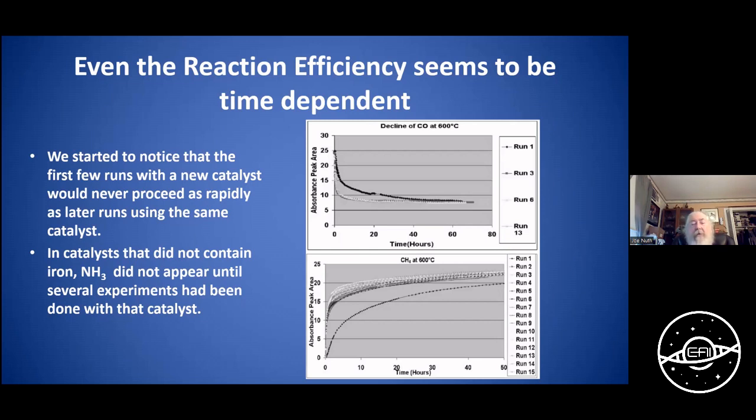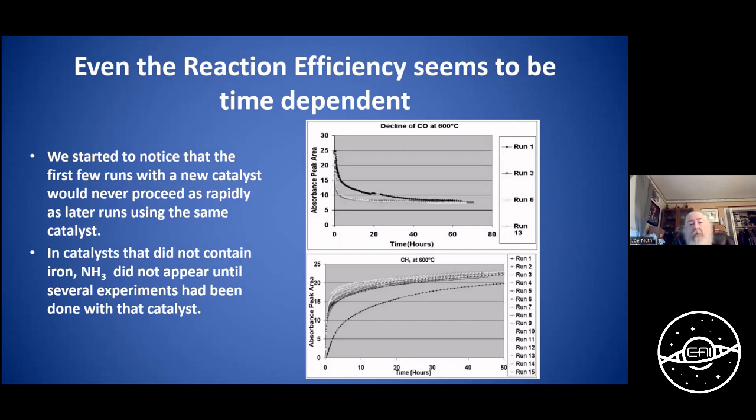The way we did these experiments was to put the gas mixture into the bulbs. Then we ran the experiment at temperature until about 75 to 85% of the carbon monoxide was depleted. Then we took the gas out, we refilled it with a new mixture and ran again.